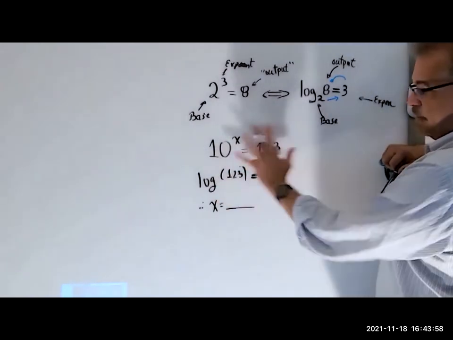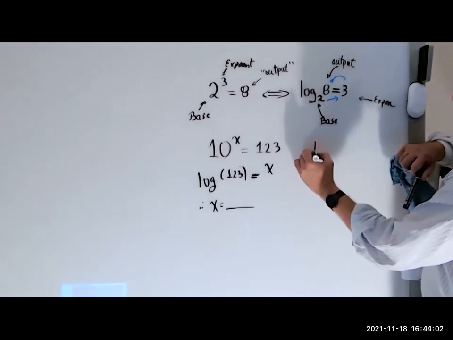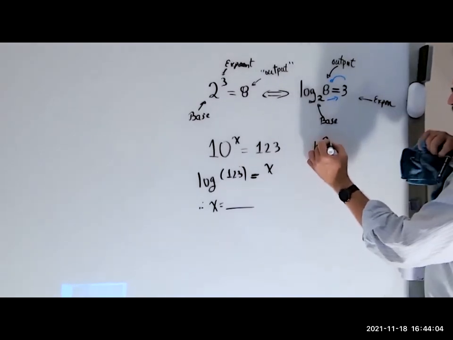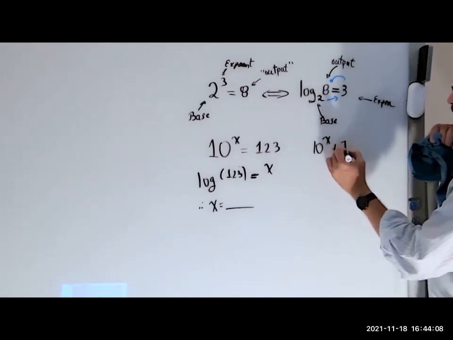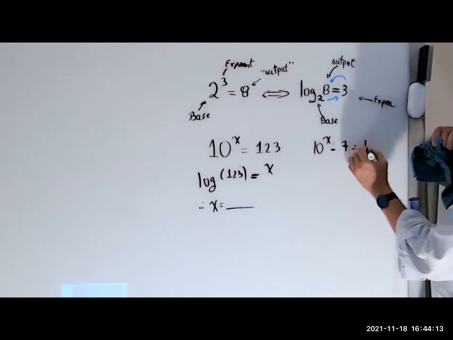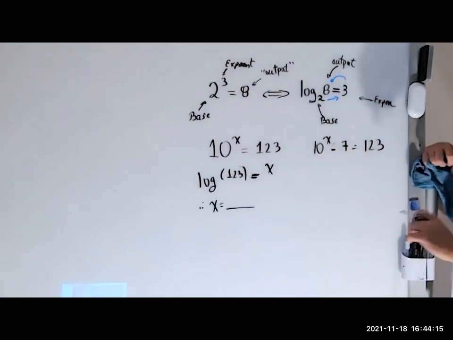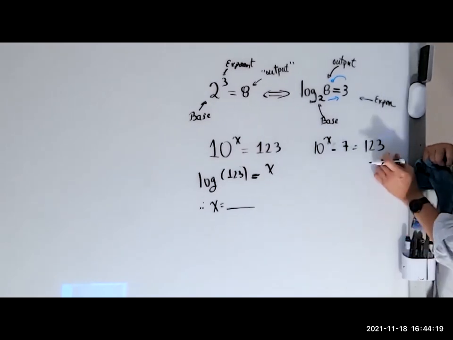Now, so this is the basic template. What if you have the following? What if I have 10 raised to the x minus 7 equals 123. Before I change to log, I need to get rid of this 7, so we add the 7.